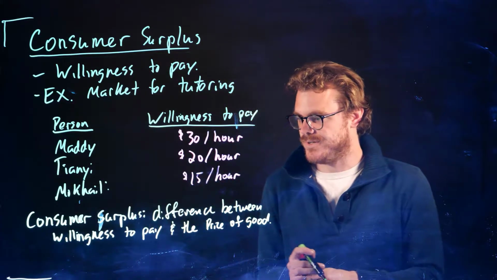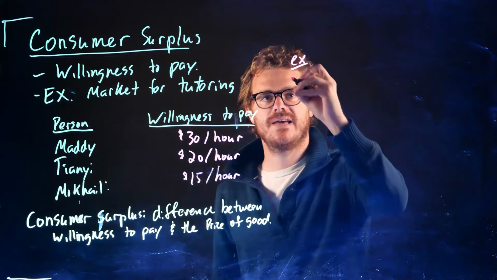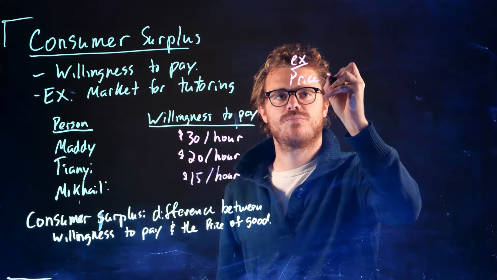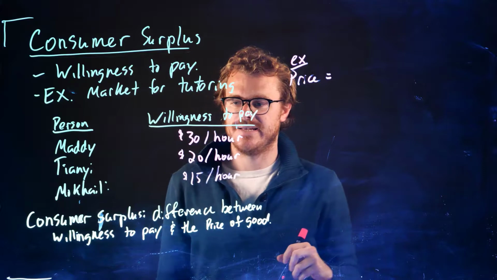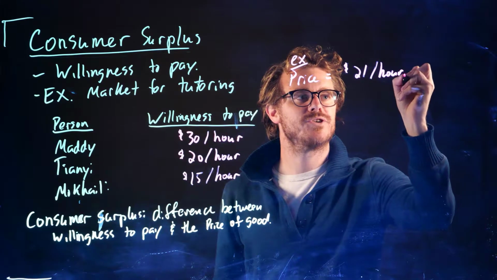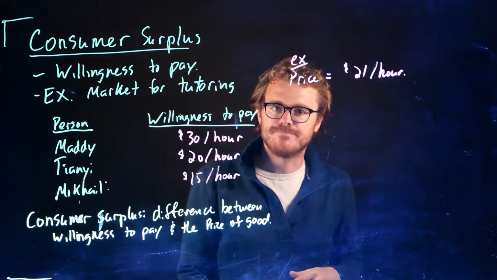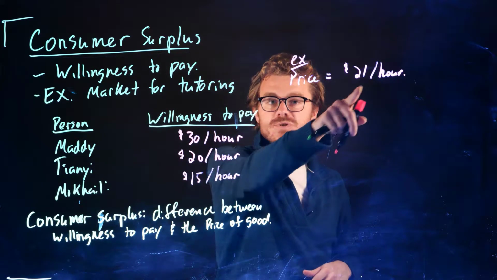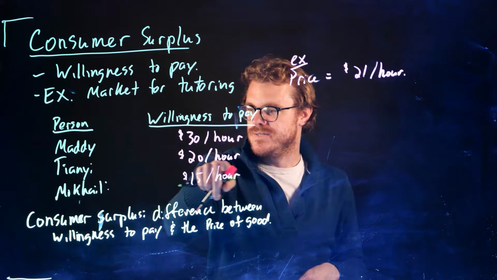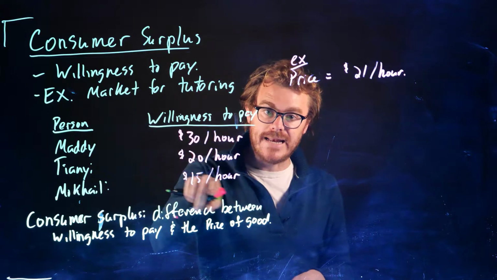So for example, let's say price equals, let's make it $21 an hour. That's the going rate for tutoring, let's say, on campus or online or whatever. And so at this price of $21, that's more than Mikhail's willing to pay, so he's not going to get any tutoring.